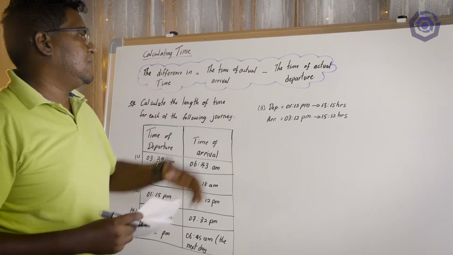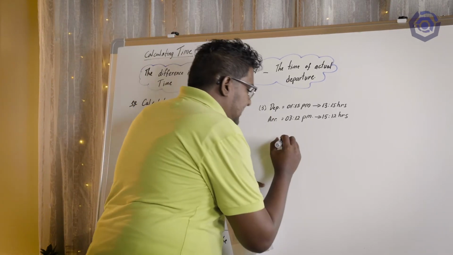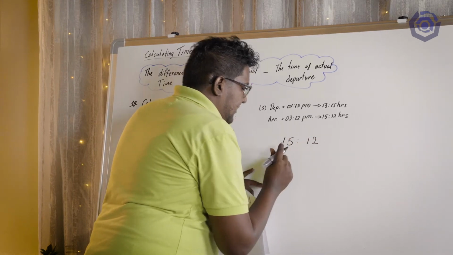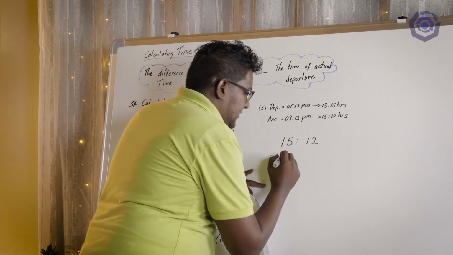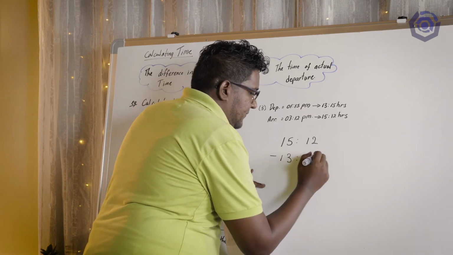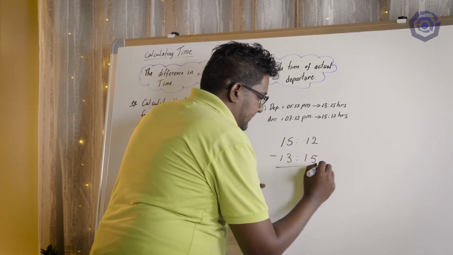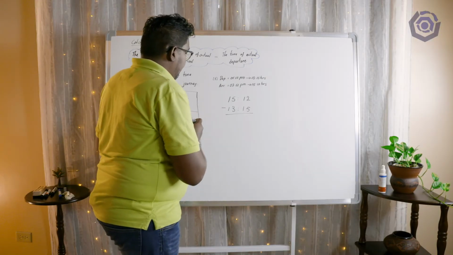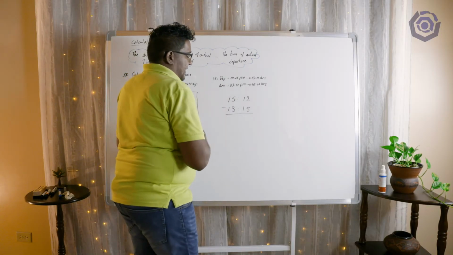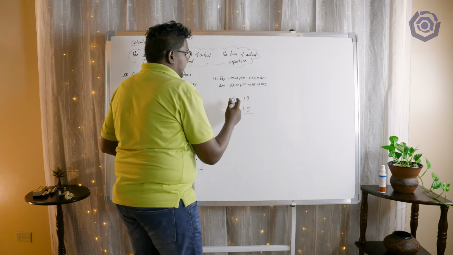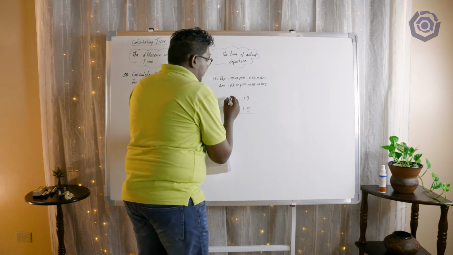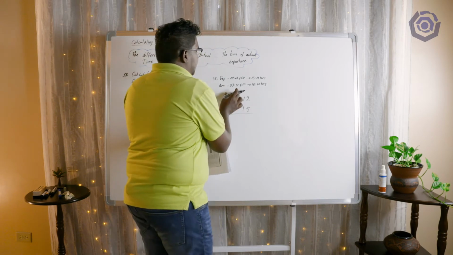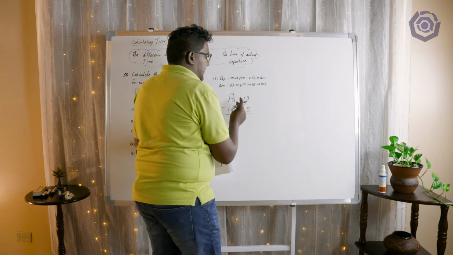Formula is arrival subtract departure. So our arrival time is 15:12 subtract our departure, which is 13:15. So again, we have 12 minutes here and then we have 15 minutes here. We cannot take 15 from 12. So we take an hour from here. This is going to become 14. So if I take an hour, I'm taking across 60 minutes.